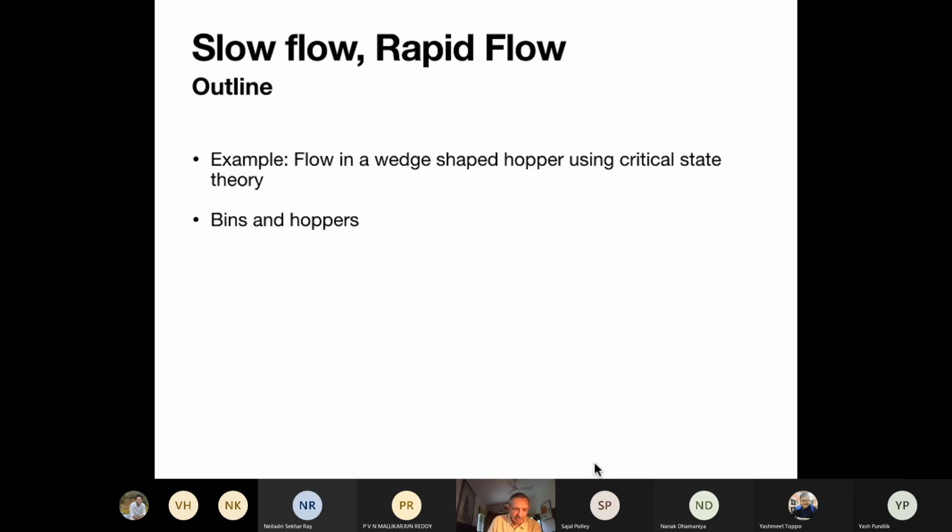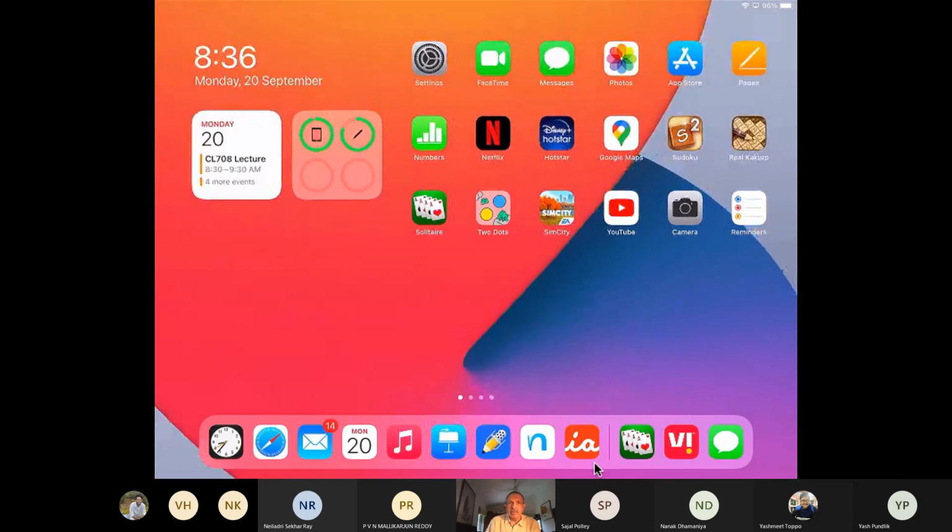Looks like I'm sharing the wrong file. I should be showing some other one. Let me just see. There's some mistake here. This was what I showed you last time.